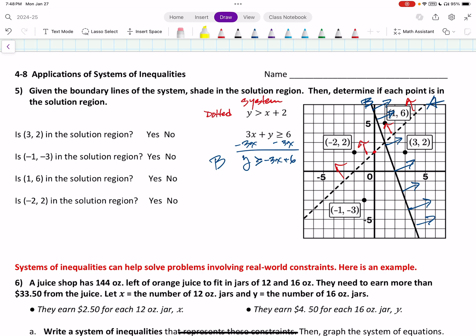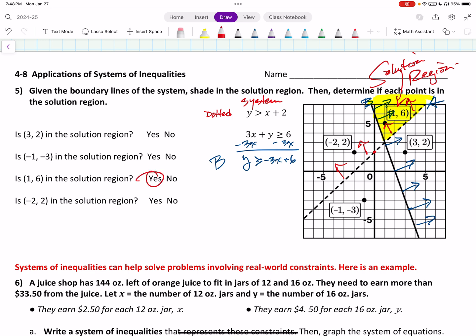Now, where does red overlap the blue? It's up here in this upper area, in that region right through there. So you notice the point 1 comma 6 is in the solution region. And if 1 comma 6 is in the solution region, that means it's a solution to the system.